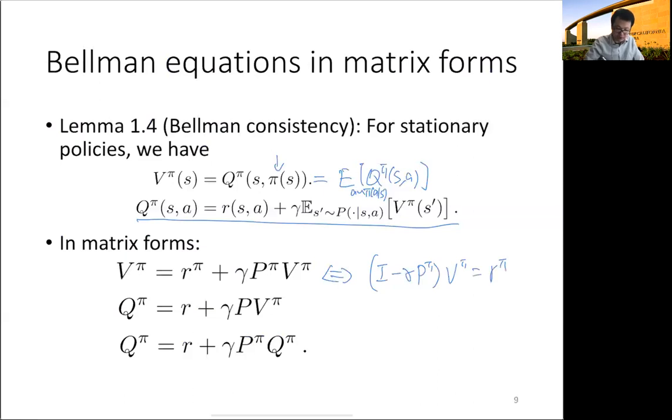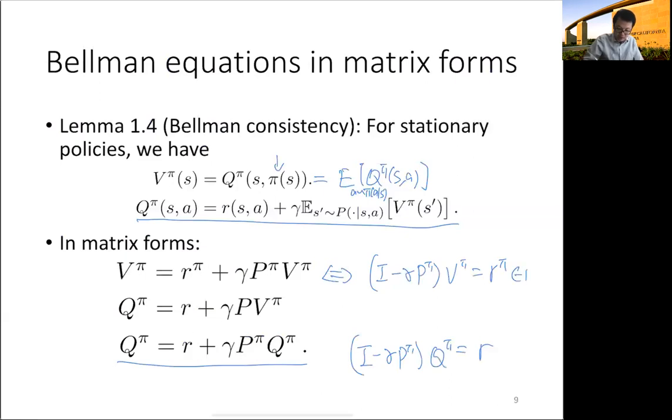You can solve for V pi by just solving a linear system of equations. And similarly, if we look at this Bellman equation for the Q function, then you also get I minus gamma P pi, and Q pi is equal to R itself.